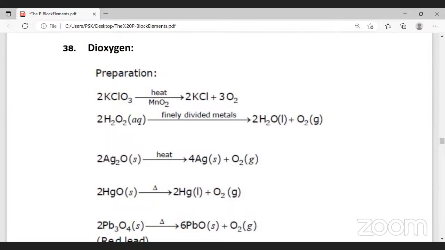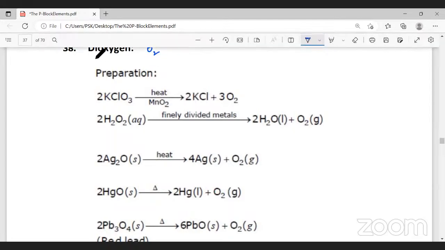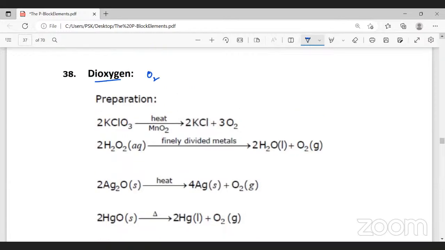Now, the heading is dioxygen. What is this dioxygen? Oxygen is represented as O2. Since we have two oxygen atoms, it is named dioxygen. Now, how can we prepare dioxygen? Dioxygen can be prepared in many ways. One method of preparing dioxygen is by thermal decomposition of potassium chlorate.